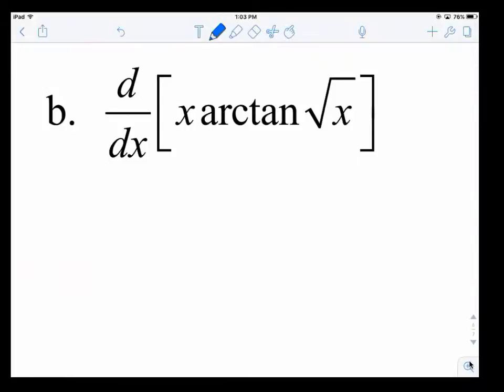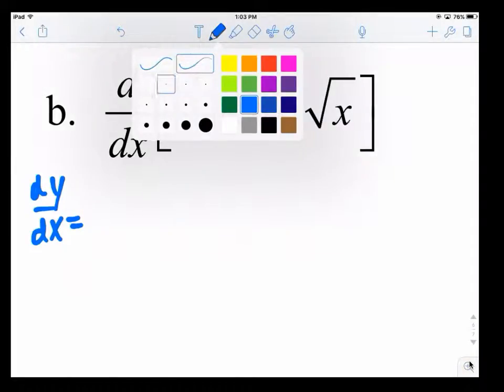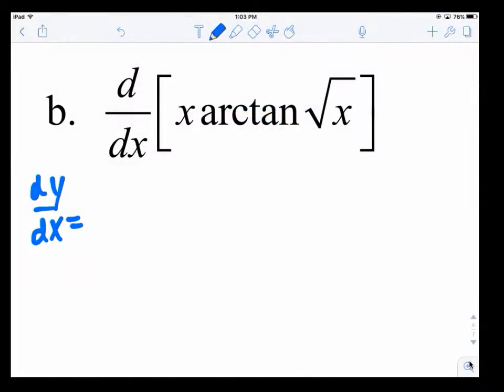All right, so you have x times arctan radical x, so you have to use product rule, right? All right, so derivative of the first would be what? 1. So I just have arctan of radical x plus now x times the derivative of arctan, which is what?